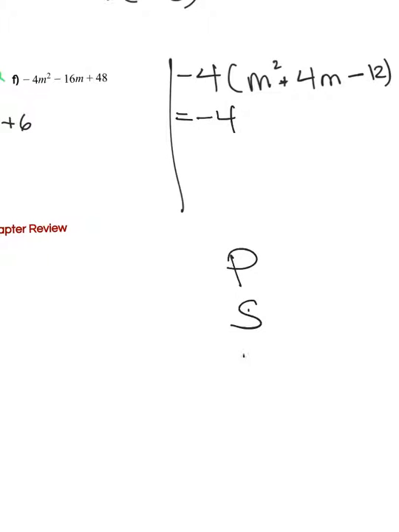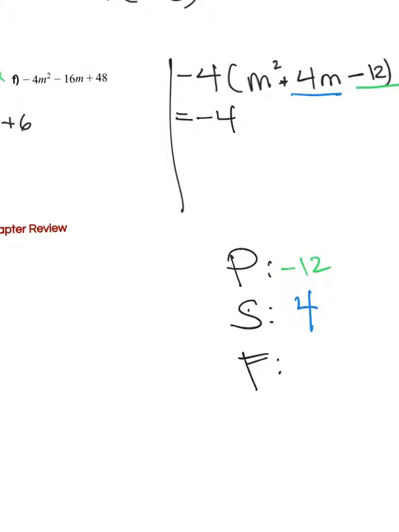My product sum factor, I need two numbers that when multiplied together give me negative 12. Two numbers that when added together give me 4. Okay, positive 4. That means that one of my numbers is going to be negative, one of my numbers is going to be positive, because I'm getting a negative number here.